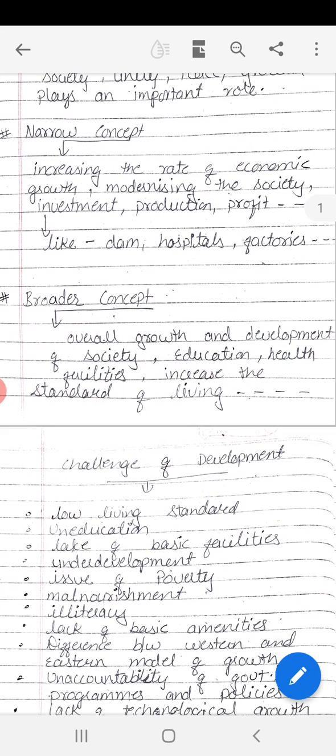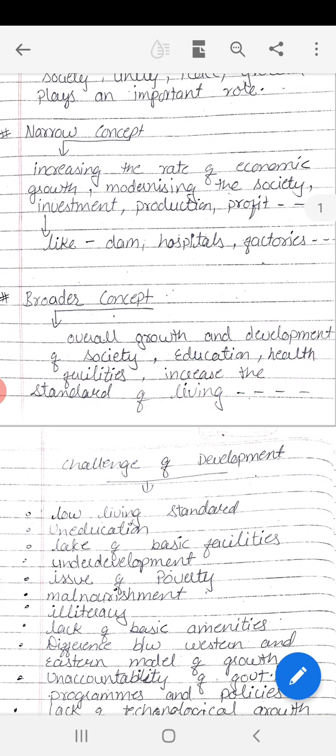So development should not be measured only in material terms, but it can also be measured in terms of happiness, harmony, and satisfaction of essential needs. So the concept of development has undergone many changes over time.